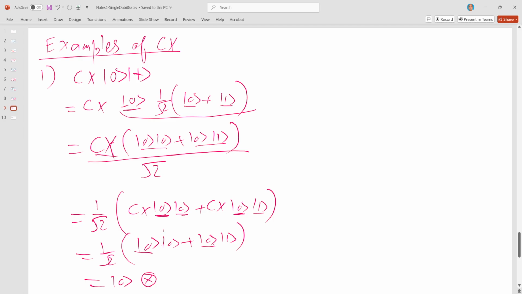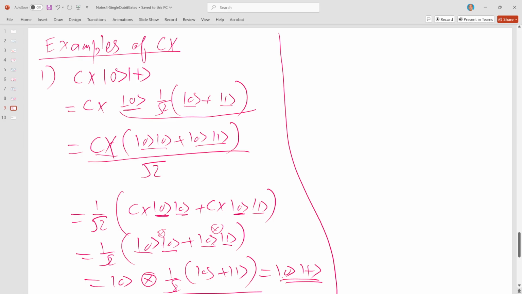Remember this tensor always here, which is not written. I'm now explicitly writing it, and over here I'm left with this 0 and this 1. So this becomes 0, and this is again the plus state. So you see, the control X gate didn't do anything to this state. The state passed right through it. So no changes to anything, simply because there's a 0 on the left.